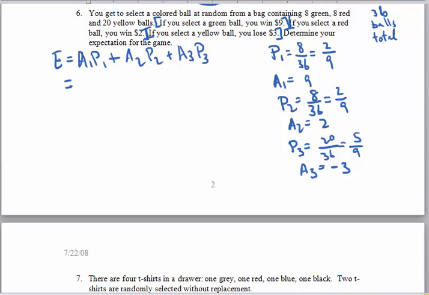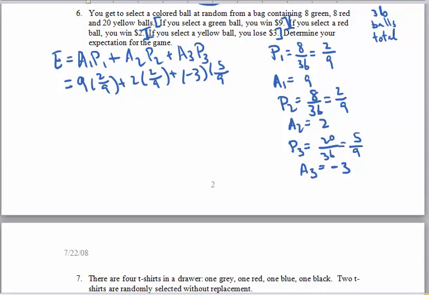Now I'm just going to multiply all these numbers together and add them up. A1 P1 is 9 times 2/9. A2 P2 is 2 times 2/9. And A3 P3 is -3 times 5/9.